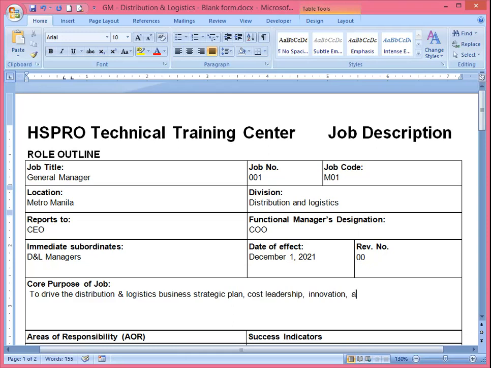And what else? The pursuit of excellence. Okay, that's one of them.